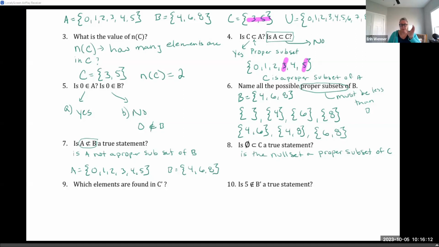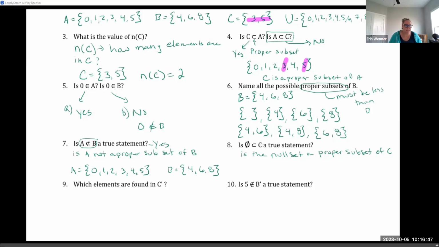Think about the two sets, right? A has 6 elements in it, and B has 3 elements. And if we're saying that A is a proper subset of B, that means that even by size, A has to be smaller than B. But because A is not smaller than B, there is no way it could be a proper subset. Okay, so is A not a proper subset of B a true statement? Yes, it is not. Does not fit in there, right?